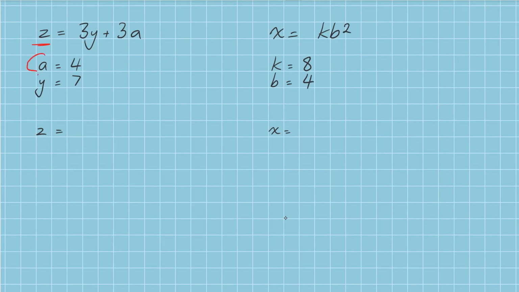A is 4 and y is 7. And in the next one, we're dealing with x equals kb squared. Remember, b squared means b times b. So in this case, the value of b is 4, and the value of k is 8. So I'll give you a chance now to pause this video to attempt to answer this question on your own. Off you go.